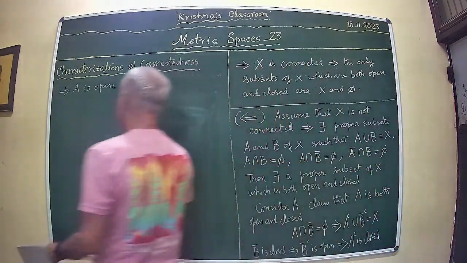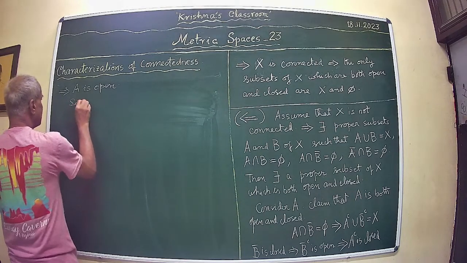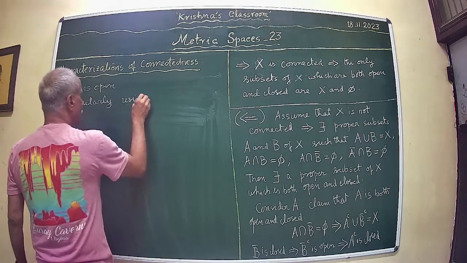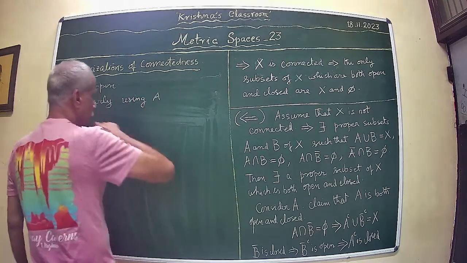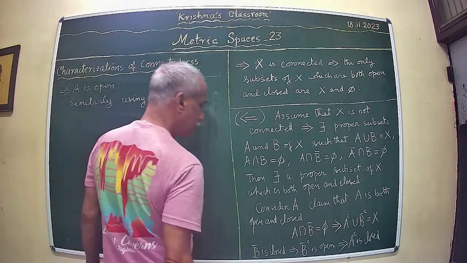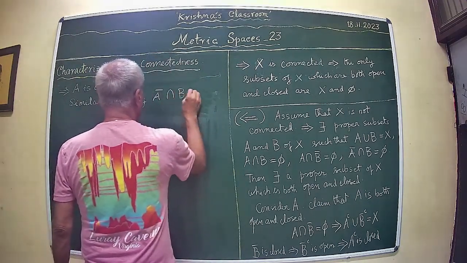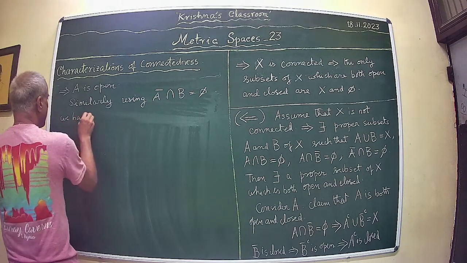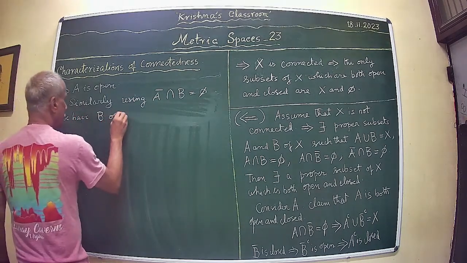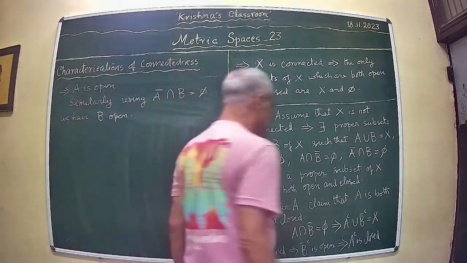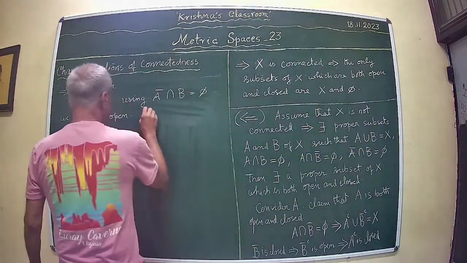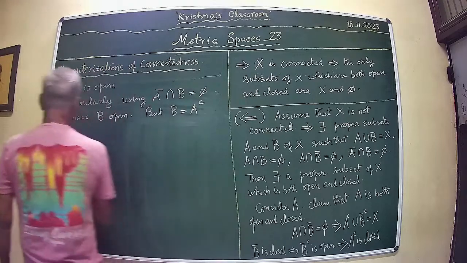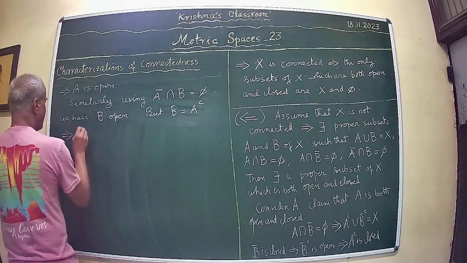Okay, similarly, so A is open, B is open, but B is equal to A complement, which implies A complement is closed.